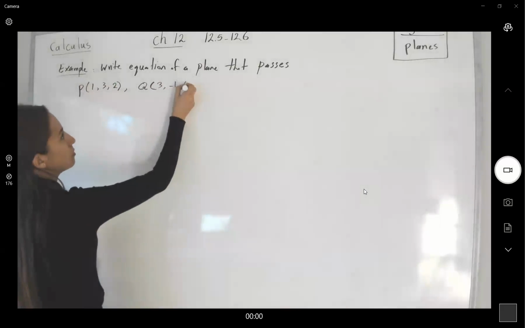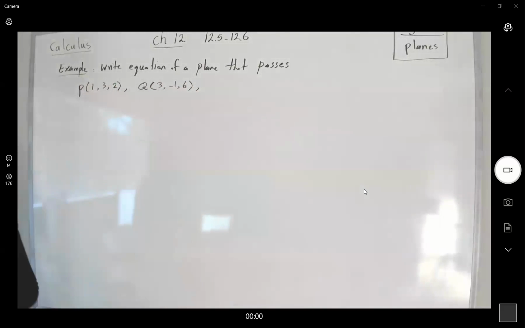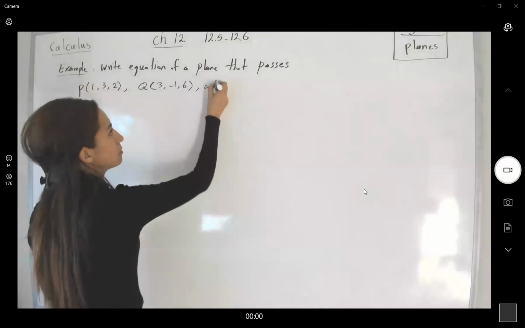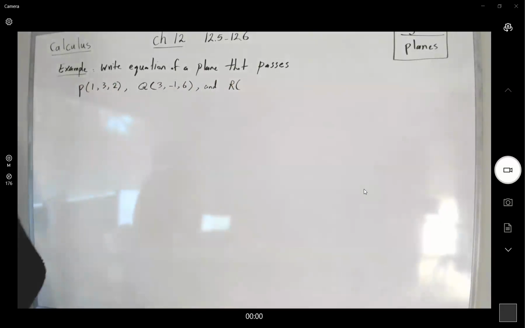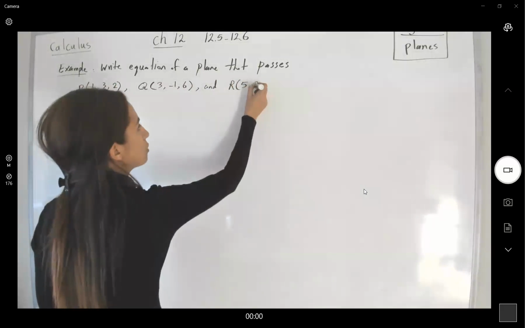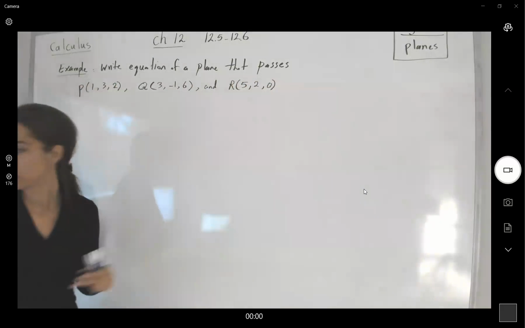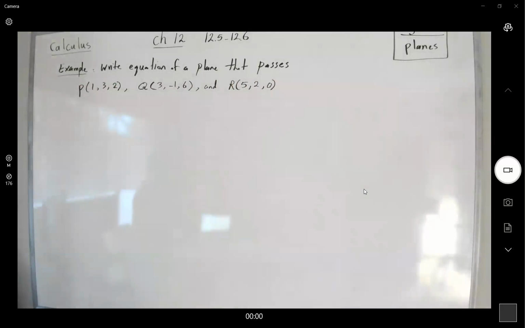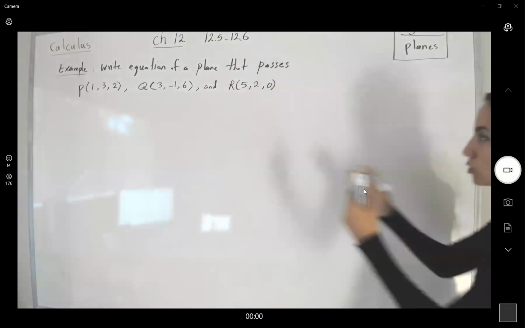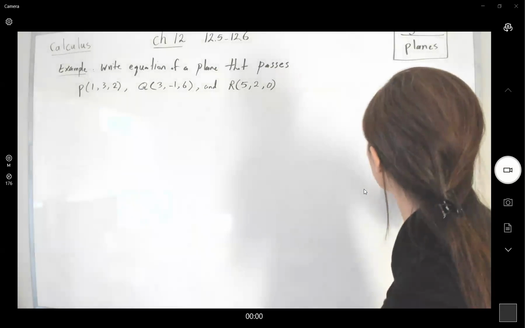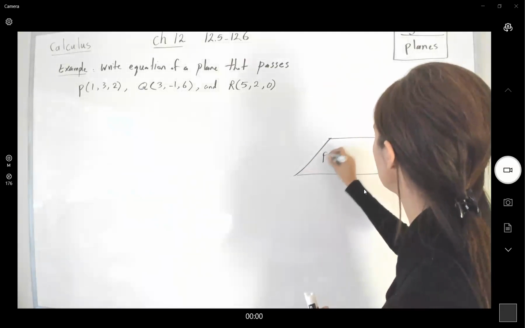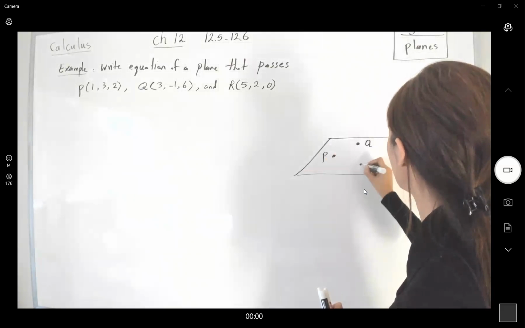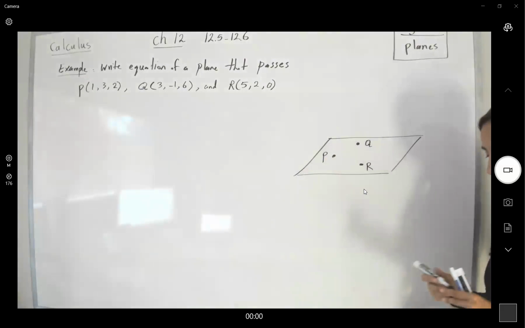And finally R, with coordinates 5, 2, 0. So we have 3 points in the plane. Suppose you have P here, Q here, and R here.